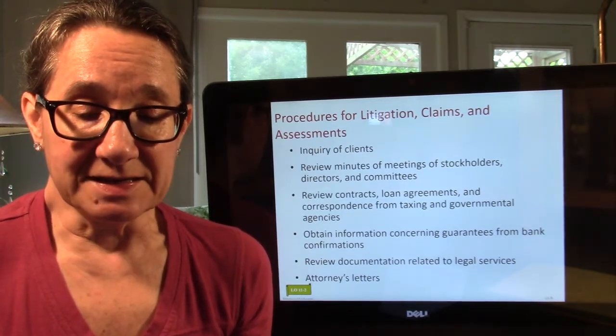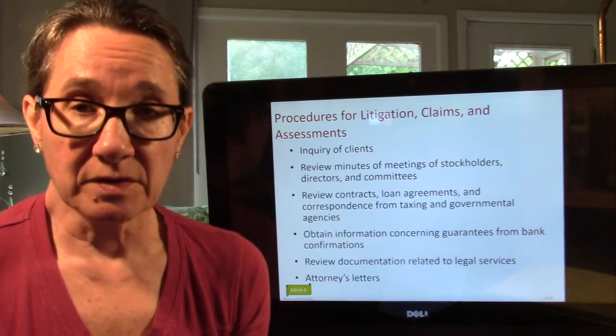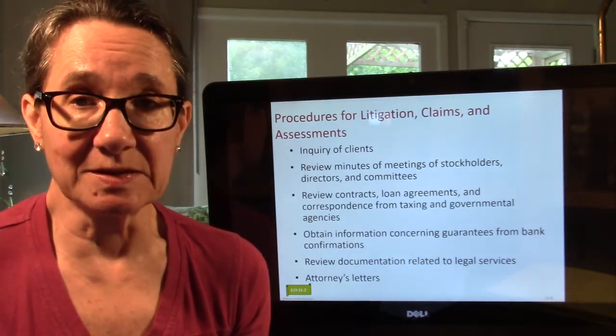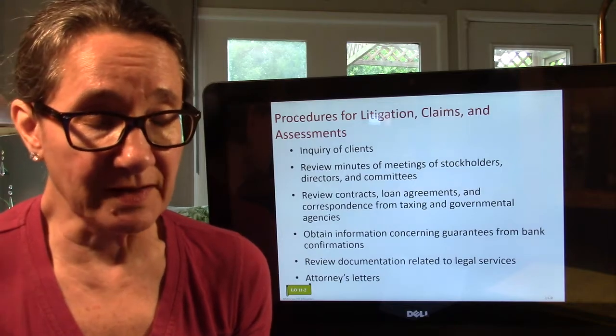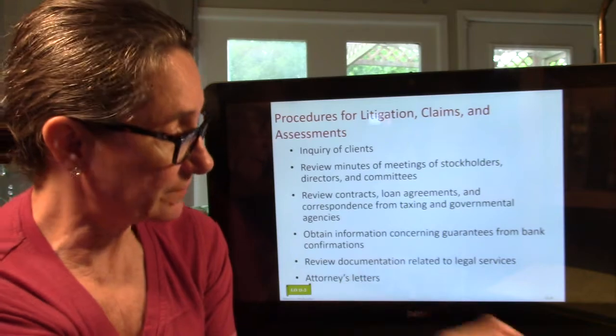When you have an idea about what you think, you might even look at lawyer bills, right? So they might have attorney bills if they're being sued. You might do that. Then you're going to do what's called an attorney letter. All right?